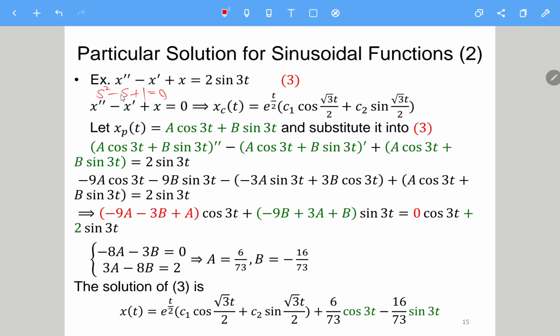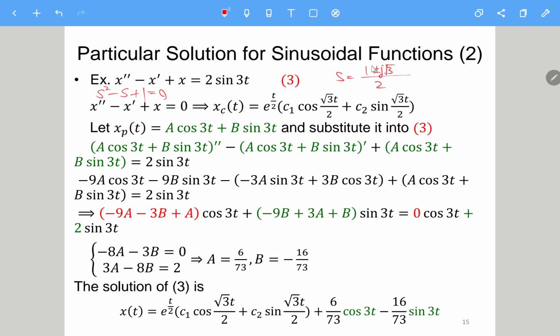Okay, so this one, b squared minus 4ac is negative. So here we should have s equals 1/2 plus or minus square root of 3 over 2, and then j here. Or maybe you can write i, but usually I write j.